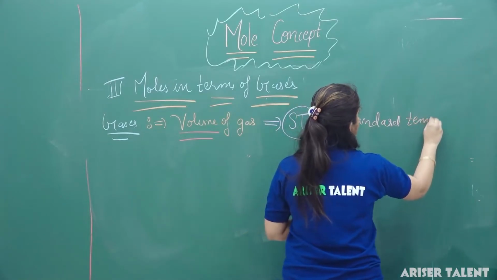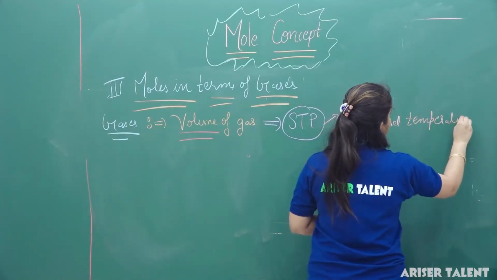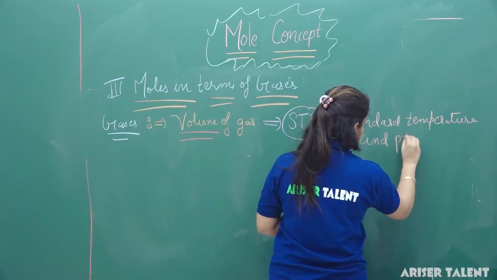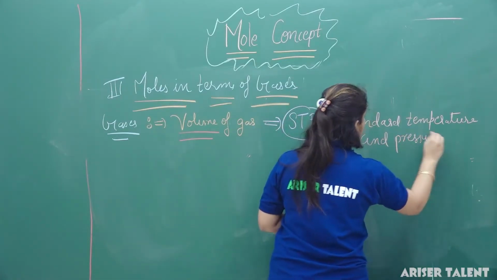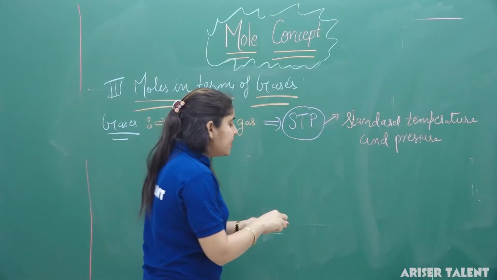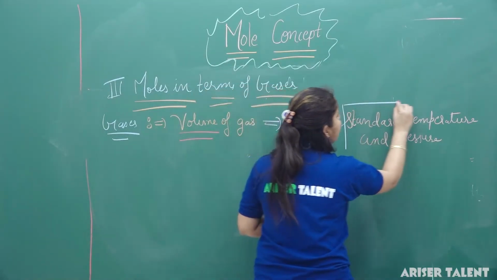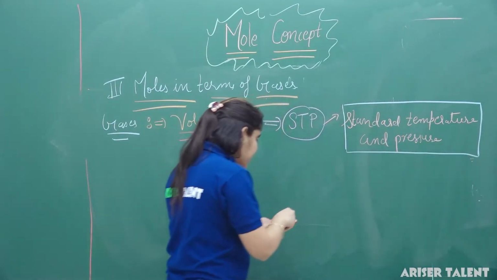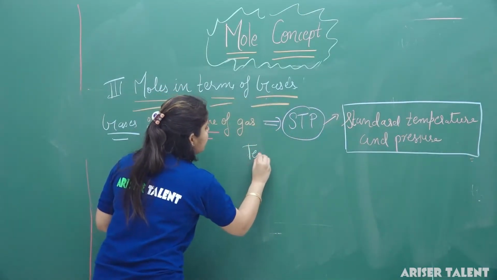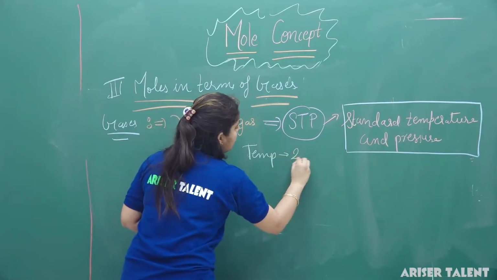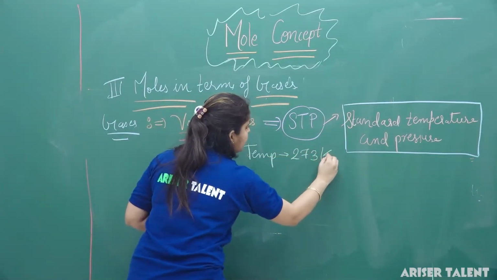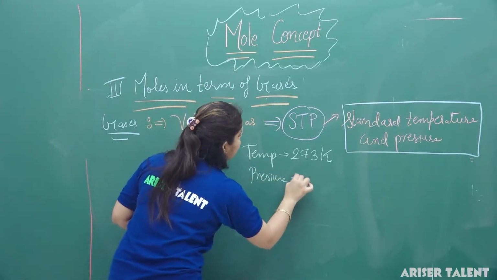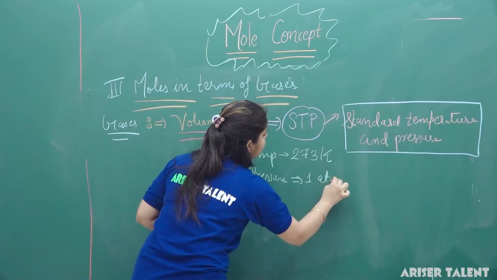So, temperature will be considered a standard quantity here and pressure will also be considered a standard quantity here. We have a fixed temperature here. The temperature will remain 273 Kelvin and the pressure we are going to take will be 1 atmospheric pressure.